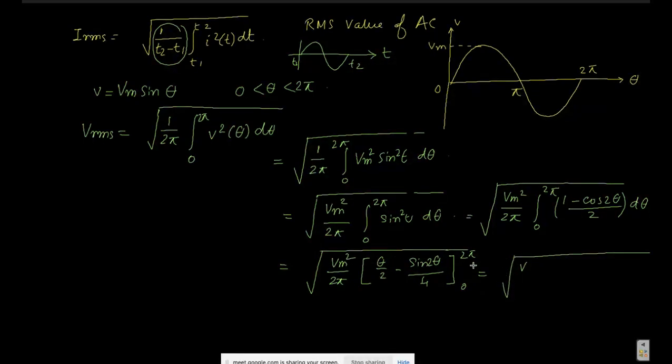Now Vm square by 2 pi. If you put 2 pi, then 2 pi by 2, minus 0 by 2 which is 0.